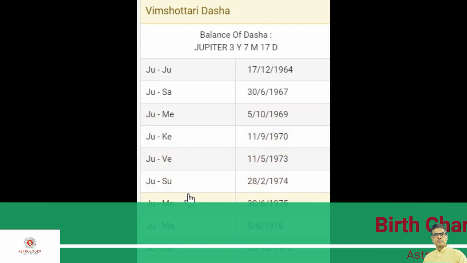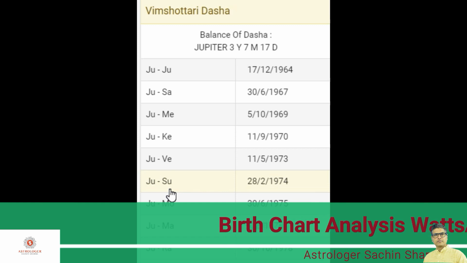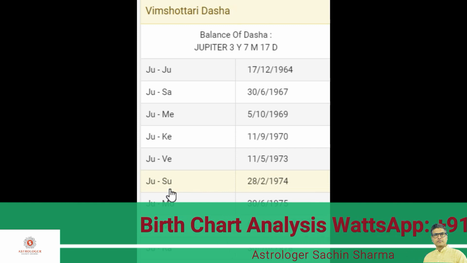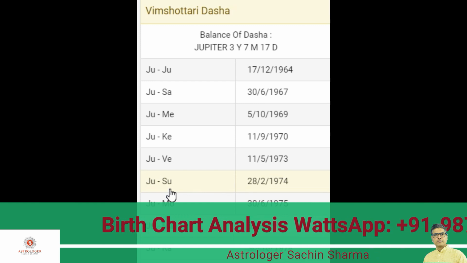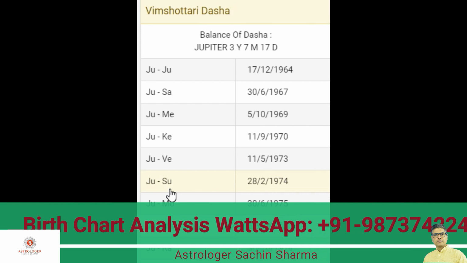So I think your concept of Mahadasha and Antardasha will be clear now, and you can easily check your own Vimshottari Dasha, which Vimshottari Dasha you are going through right now, or whatever Vimshottari Dasha you have already faced in your lifespan.